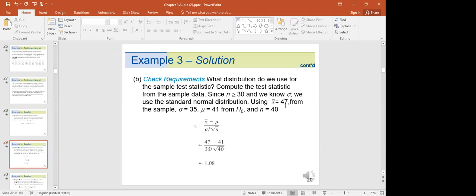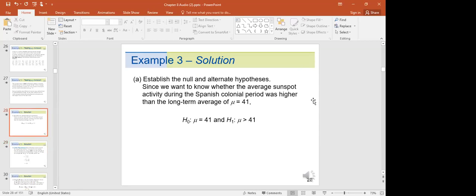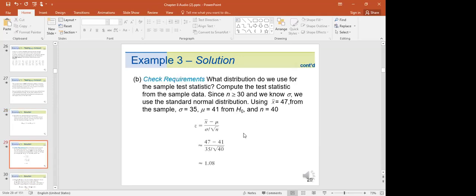Sample size is 40. And we have to decide whether it's a left or a right tail test. This is a right tail test because mu is greater than 41 at H1. H1 is what we use to determine if it is a left or a right tail test. So we are going to choose mu is greater than mu0 and press enter, then calculate.